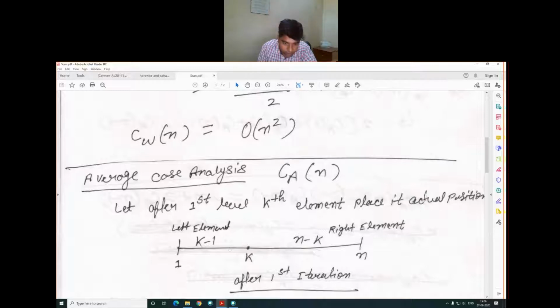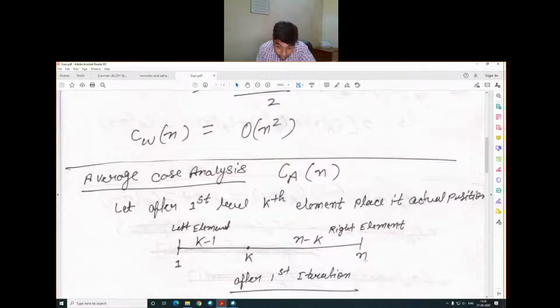If there are n elements in the array, the left index is 1 and the last index is n, so the total number of elements is n.